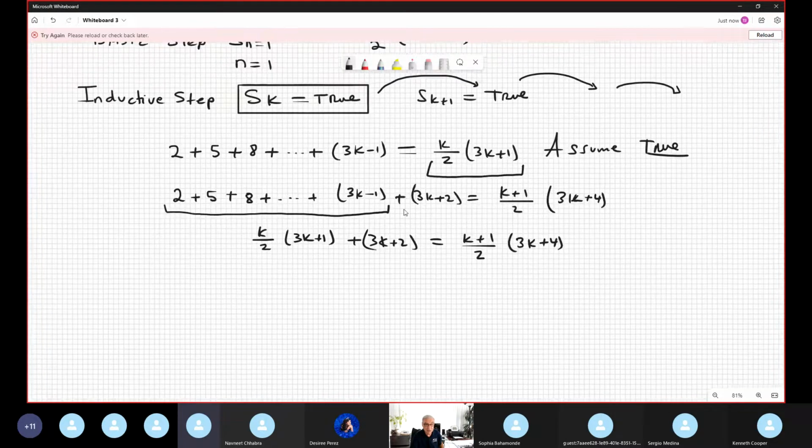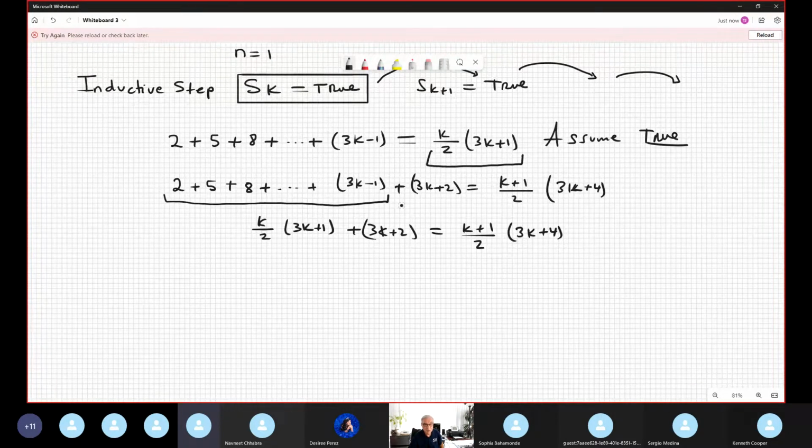Find the LCD, least common denominator, and that part. Because I want to condense this and this in only one expression, the least common denominator obviously is 2. So it's k(3k plus 1) plus 2 times (3k plus 2). And I don't touch that part for a moment.